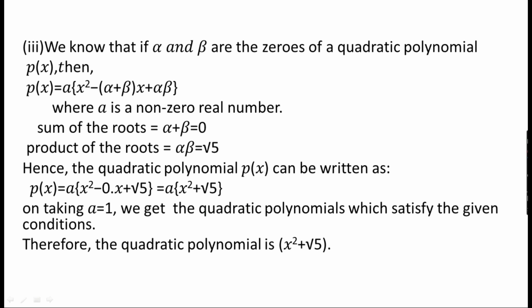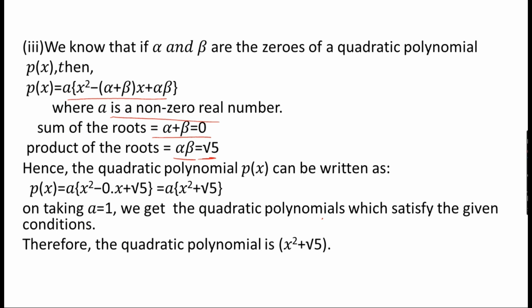We know that alpha and beta are the zeros of the quadratic polynomial. Let us take one quadratic polynomial. Here a is a non-zero real number, alpha plus beta is the sum of the roots, and alpha beta is the product of the roots.